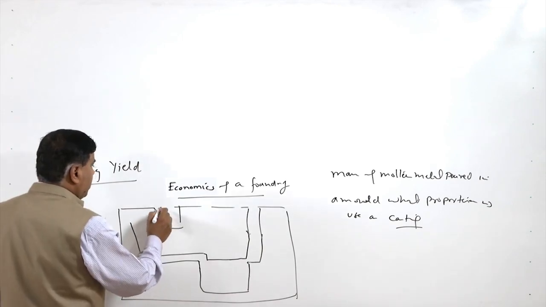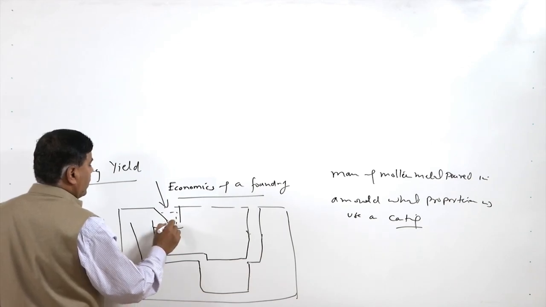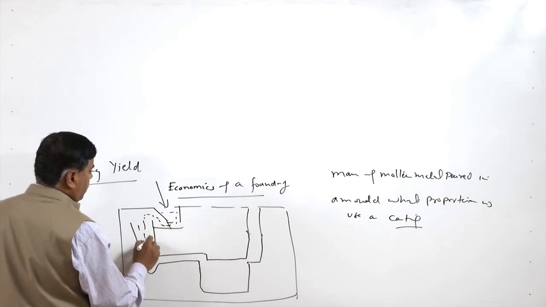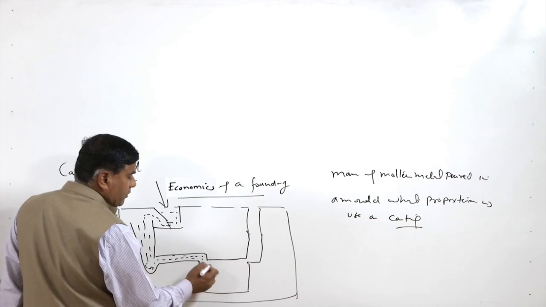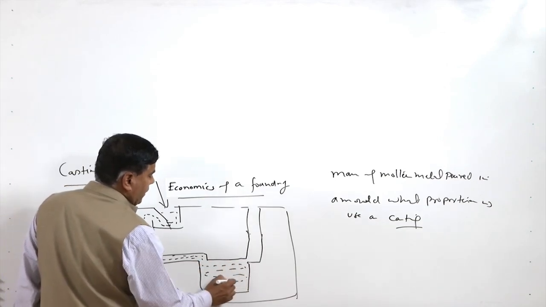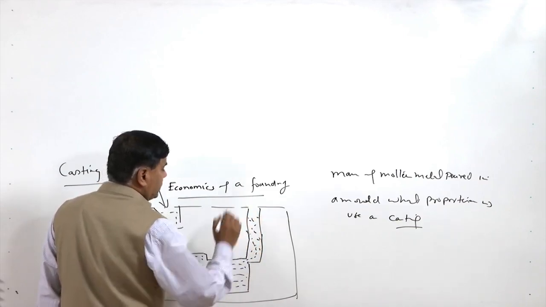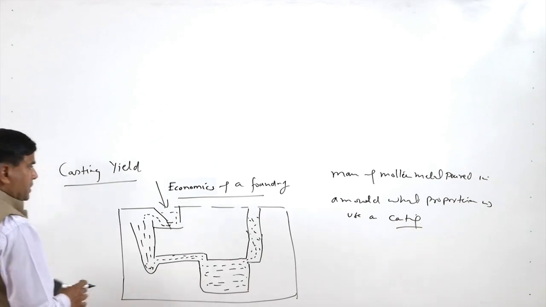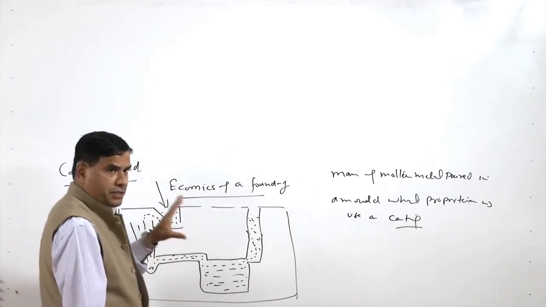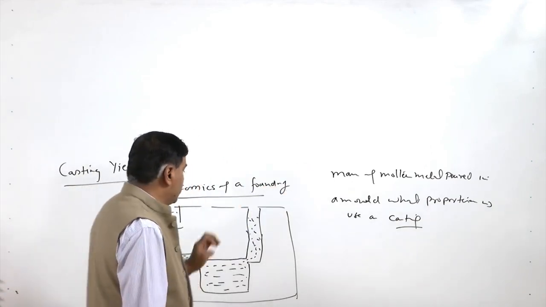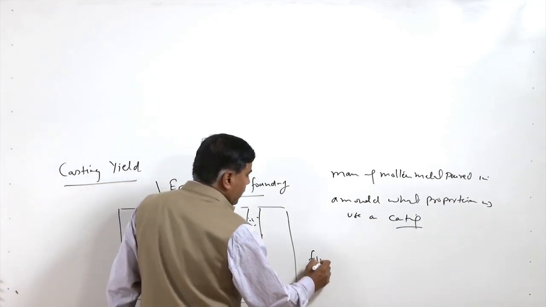Here, when the molten metal is poured from the ladle into the pouring basin, it flows through the sprue into the sprue base, then into the runner, and thereafter into the mold cavity, and once the mold cavity is filled, it fills the riser. So, the amount of molten metal fed into the mold is determined, and out of that amount, what portion is converted into the final casting.